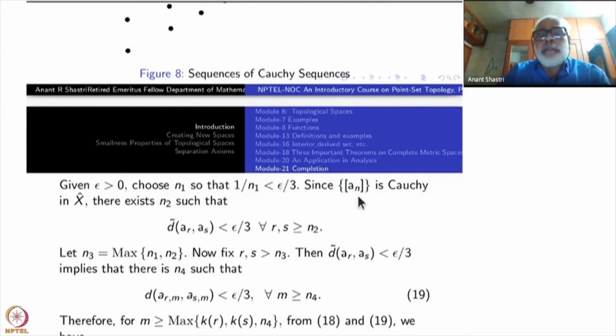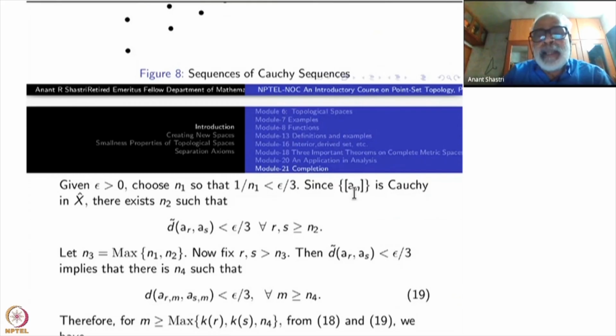Since (a_n) is Cauchy in X hat, there exists an n_2 such that d twiddle of (a_r, a_s) is less than epsilon by 3 for every r, s greater than or equal to n_2. Remember, this d hat was nothing but d twiddle of the representatives.